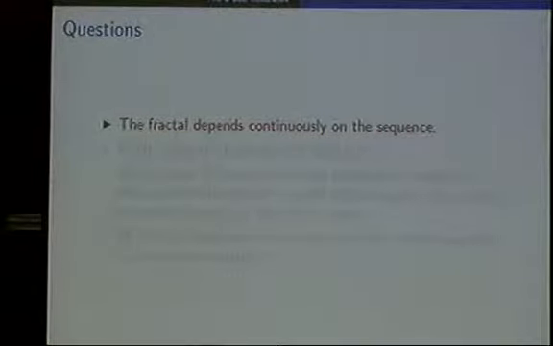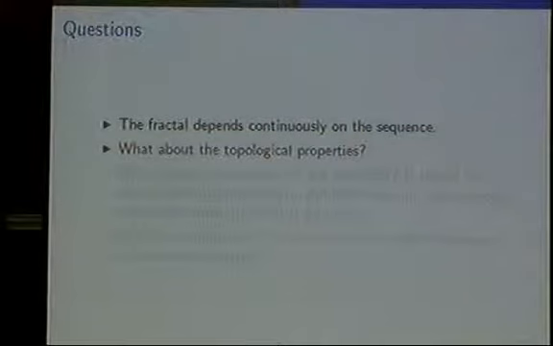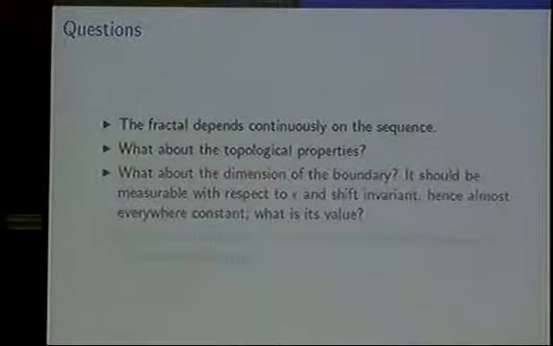These sets depend continuously, in the Hausdorff sense, on the sequence. But what can we say about the topological properties, for example connectedness or simple connectedness? And what can we say about the dimension of the boundary? One thing that is quite clear is that the dimension of the boundary is certainly a measurable function of the sequence epsilon n.